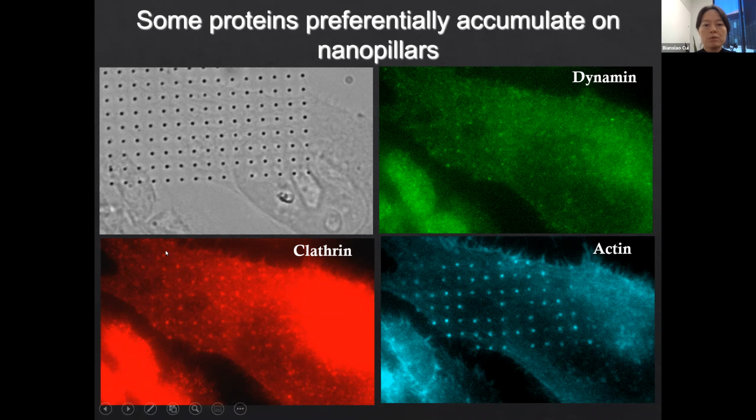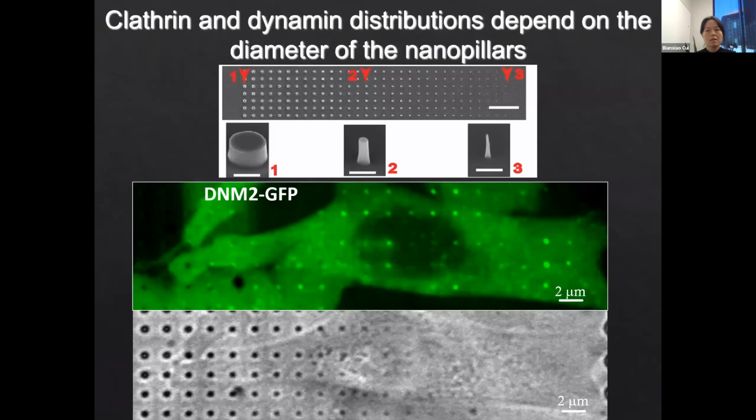When we first saw this result, there was some doubt whether this was real or not. The reason is that nanopillars are three-dimensional structures, so when you take a two-dimensional image, there's a projection effect. Also, cell fixation may cause some proteins to preferentially accumulate. To make sure this is indeed a curvature effect, not a fixation artifact or projection effect, we used nanofabrication to engineer a gradient nanopillar array.